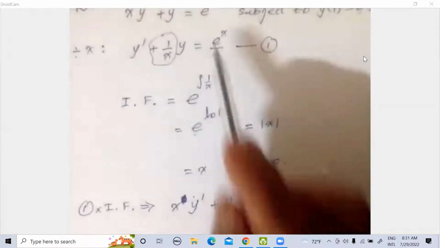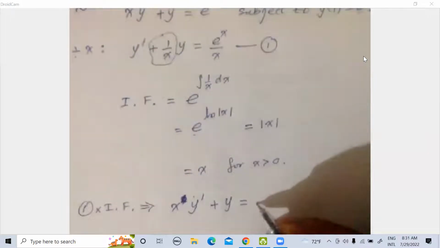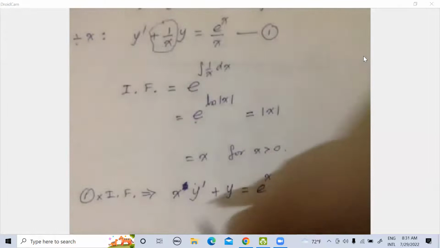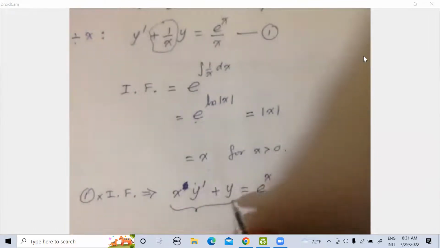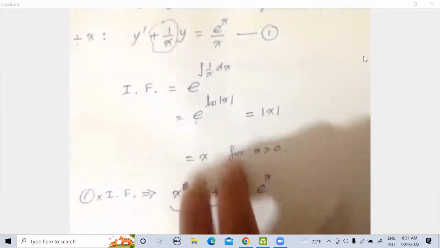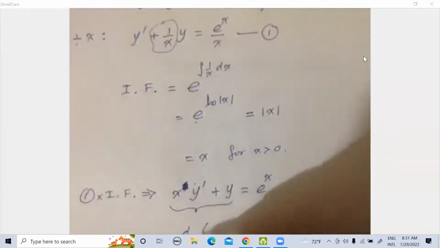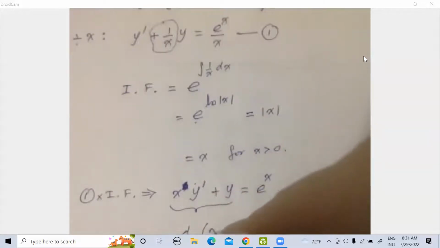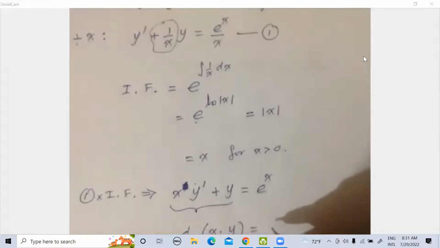So xy dash plus y, we are back to the original equation. But we know when we do this, this side is equal to what? d over dx of the integrating factor times y. If you can observe that then and there, you could skip this and just write this. So d over dx of x times y is equal to e to the x.